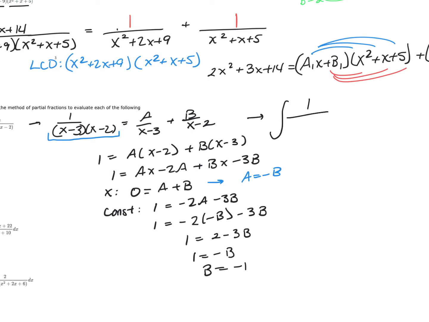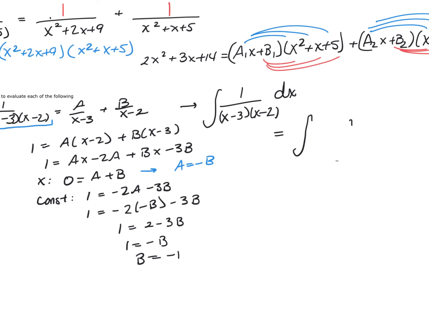So my integration of 1 over x minus 3, x minus 2, excuse me, dx can be written as the integration of, if b is equal to negative 1, that means a is going to be 1.